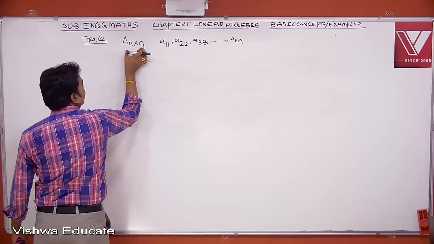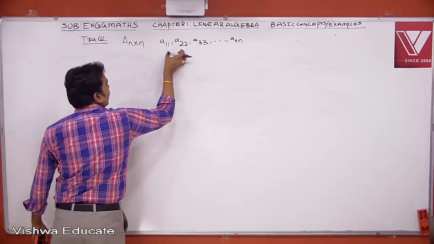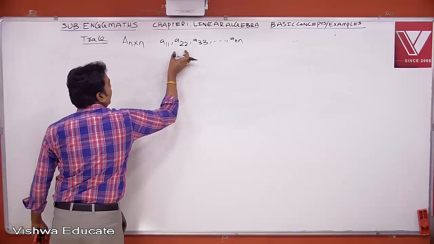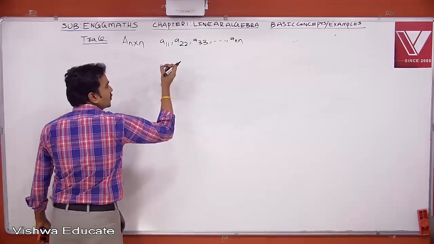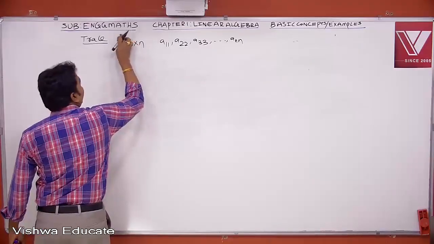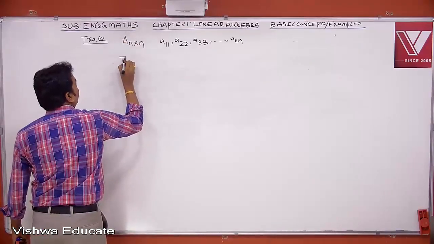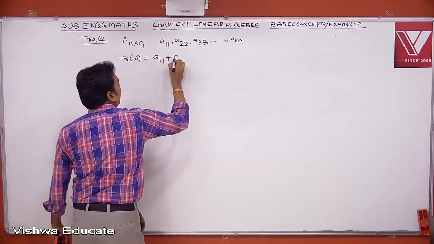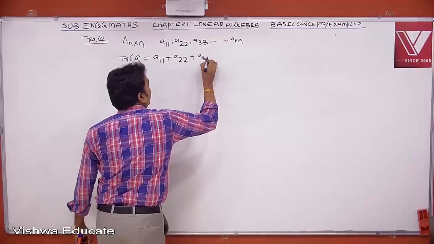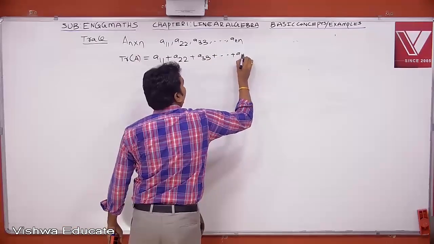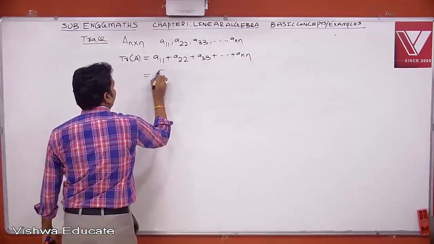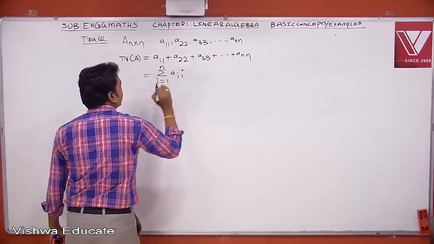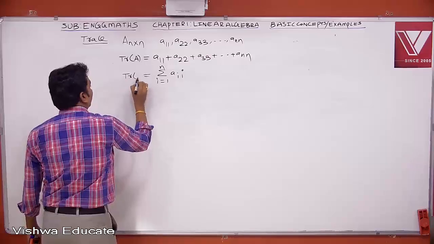It is denoted by tr of A. This is given by A11 plus A22 plus A33 plus and so on plus A_nn, which is nothing but summation i equal to 1 to n A_ii. So trace of A equals this.